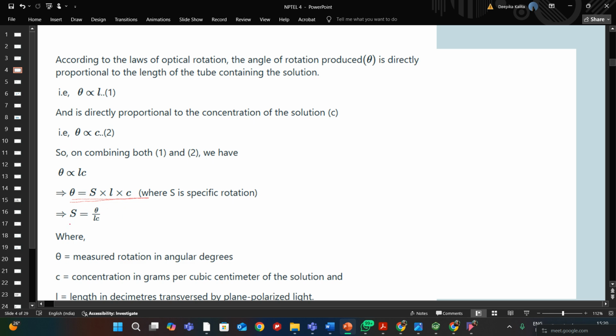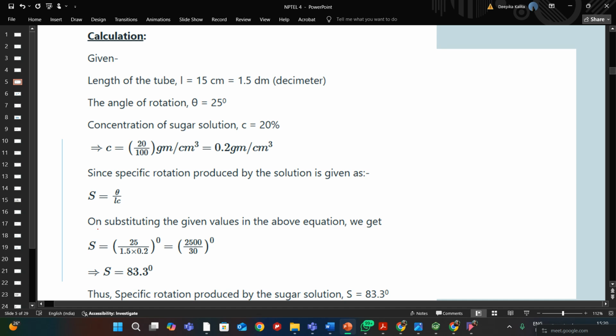Hence, we get specific rotation as the angle of rotation divided by LC. Okay, so we will just put the values which are given in the question. So we have derived the formula S is equal to theta by LC.